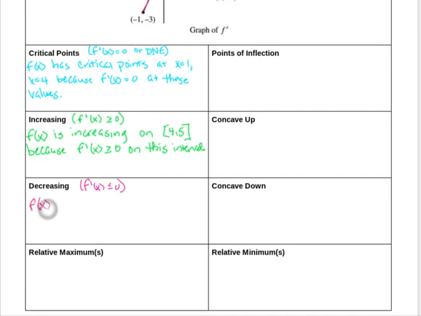So f of x is decreasing on the interval -1 to 4 because f prime of x is less than or equal to 0 on this interval.